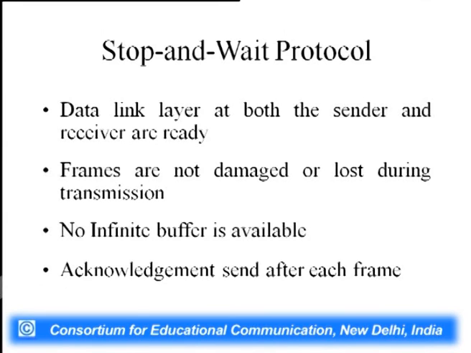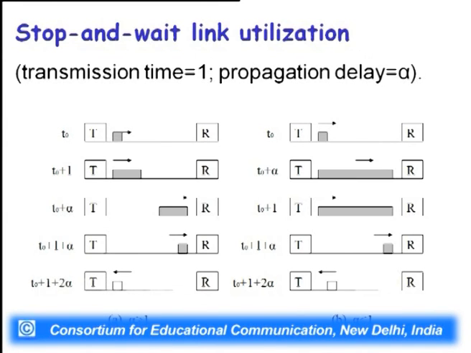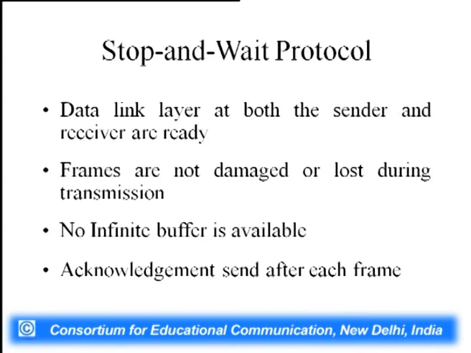So, what is happening ultimately is that a sender will send a frame, then stop, and wait for the acknowledgement from the receiver. That is what stop and wait means. It sends a frame, then stops sending, then waits for the acknowledgement. The moment the acknowledgement is received, it will transmit the next frame.